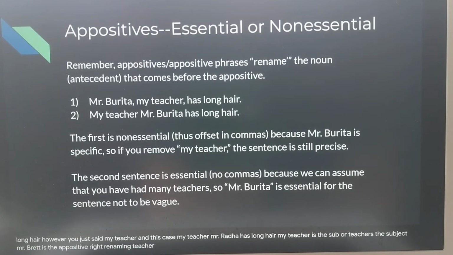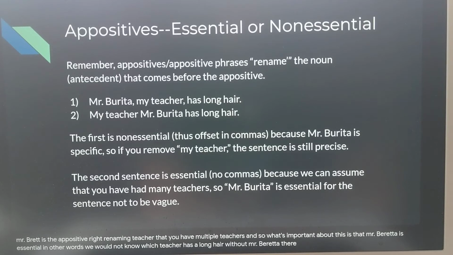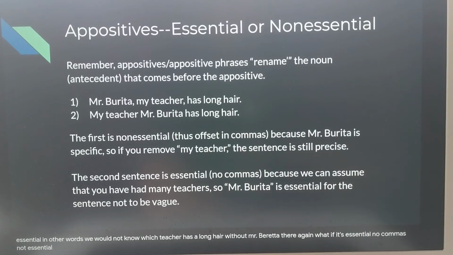Renaming teacher. We can assume that you have multiple teachers, and so what's important about this is that Mr. Breda is essential. In other words, we would not know which teacher has the long hair without Mr. Breda there. Again, if it's essential, no commas, non-essential, offsetting commas.